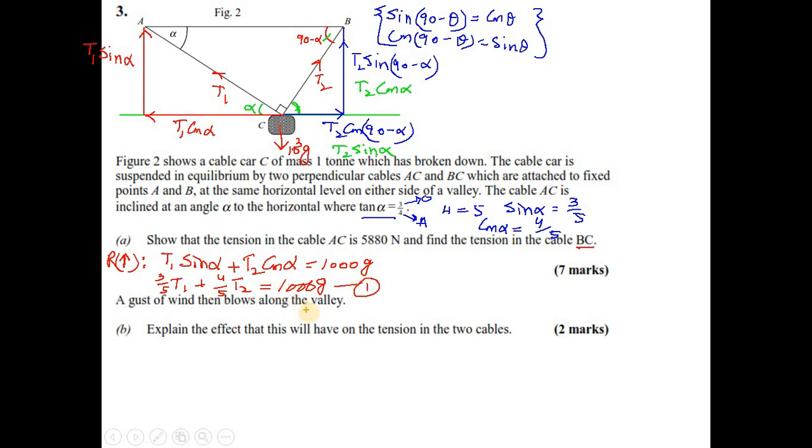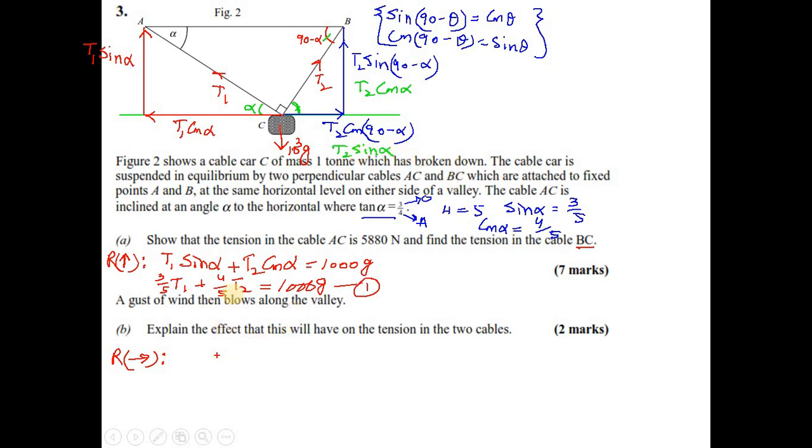For equation number 2, you will have to resolve forces along the horizontal direction, and horizontally in the diagram you have only two forces acting, T1 cos alpha acting leftward and T2 sine alpha acting rightward.